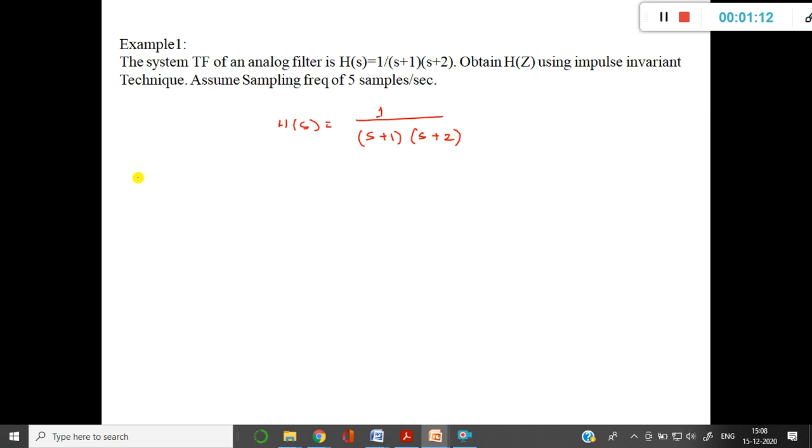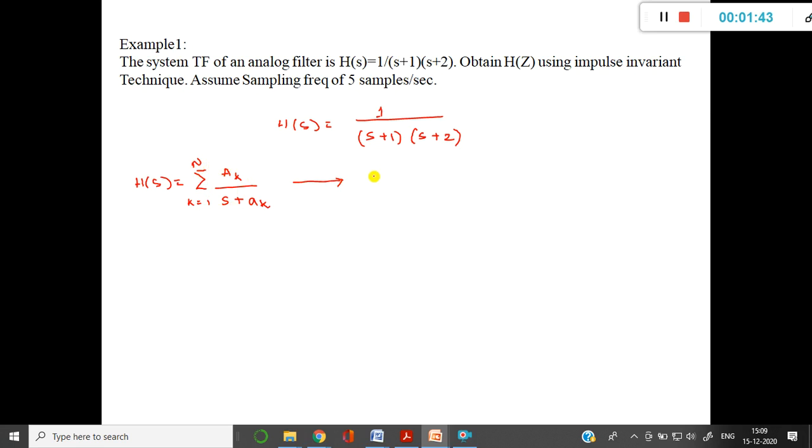Now, in the derivation part, we derived H(s), where k runs from 1 to N. So for the Nth order generalization, we have a_k as one of the poles and capital A_k as the gain of the filter, where N is the number of roots of the characteristic equation, or the total number of poles.